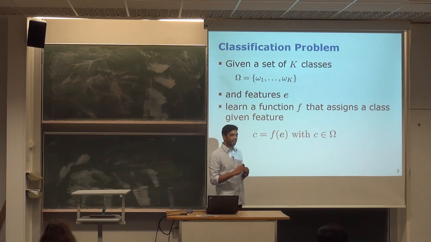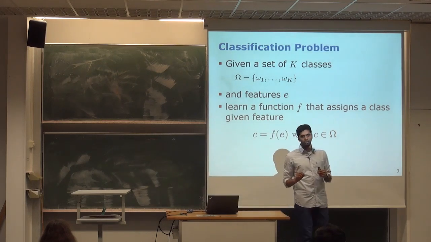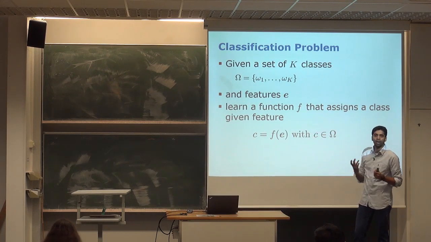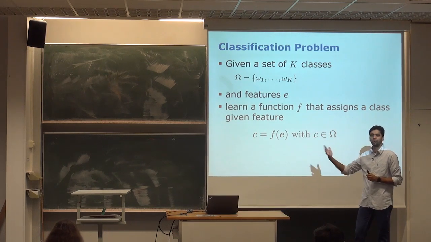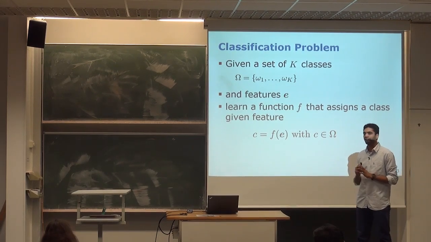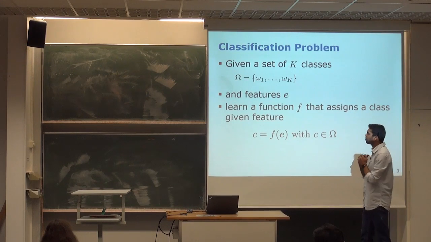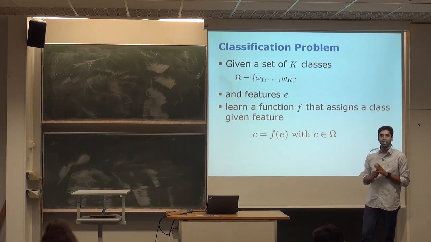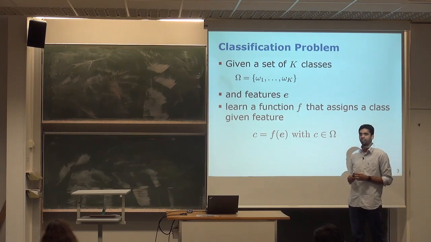Given this E, we want to learn a function f, which tells you which parts of the image are, for example, omega 1, the plants, omega 2, the soil, and so on. In general, this could be k-dimensional. You could have not just plants and crops, but n number of objects in the environment, and you want to detect each one of them.